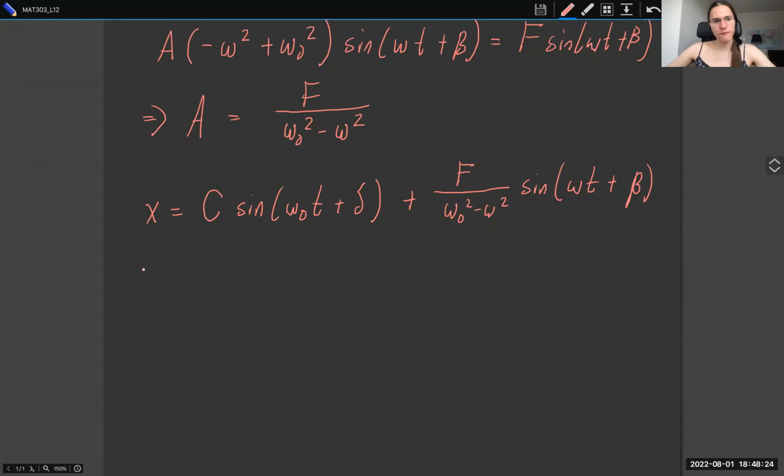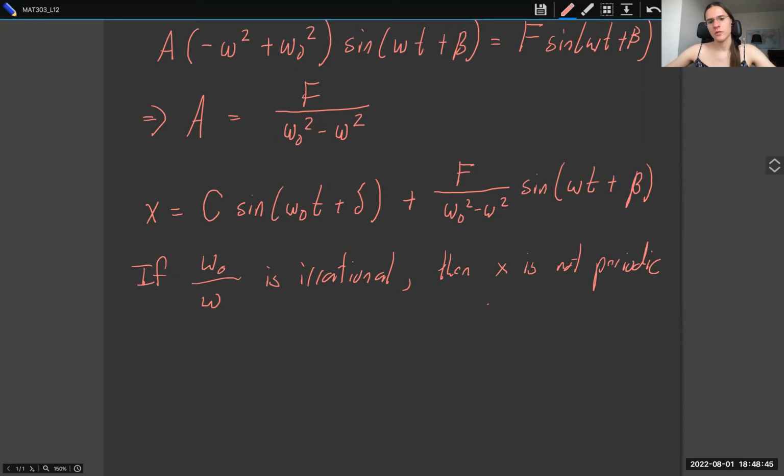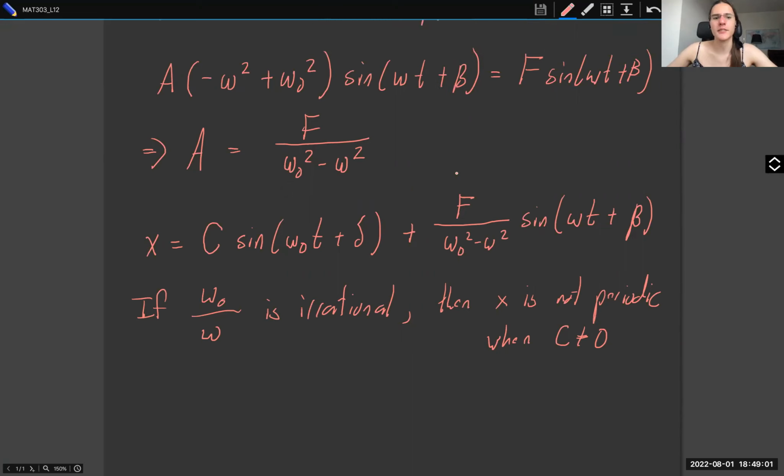So if omega naught over omega is irrational, then x is not periodic, in the case that c does not equal 0. But what it is is a combination of two harmonic motions, and these harmonic motions you can think of as essentially being independent of each other. So that's how it works.